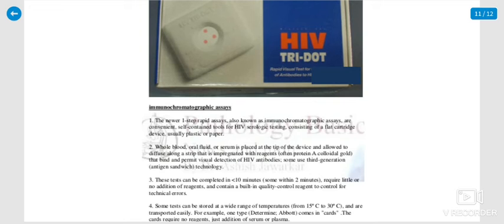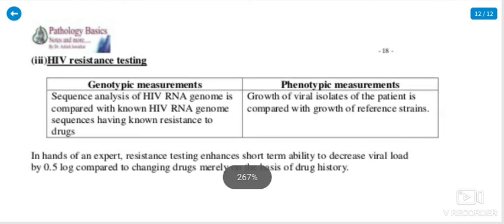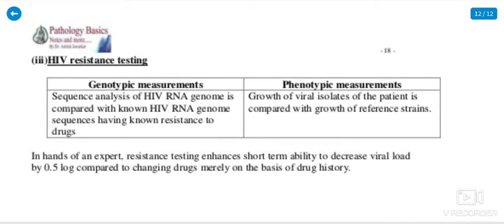So the tri-dot HIV rapid tests are available in the market, but here it's not possible because temperature is one of the reasons. At the same time, HIV resistance testing is also available, genotypic as well as phenotypic measurements.